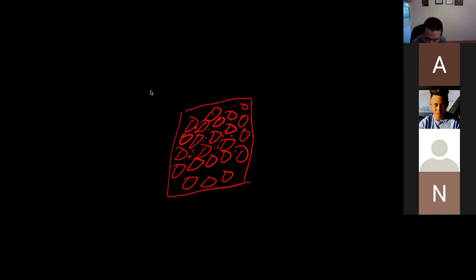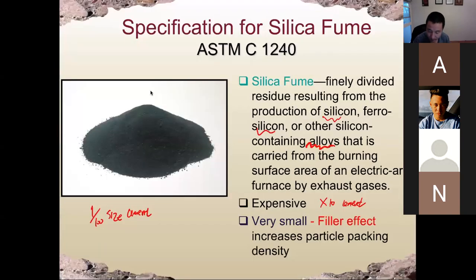So we increase the so-called packing density. This basically means in a unit volume, we can put more solid into the system. So more solid, less porous. So the strength of concrete with silica fume will be higher.